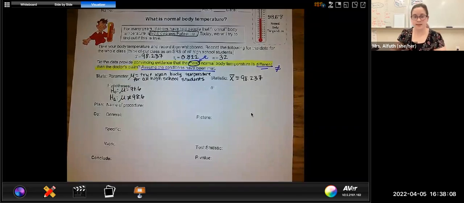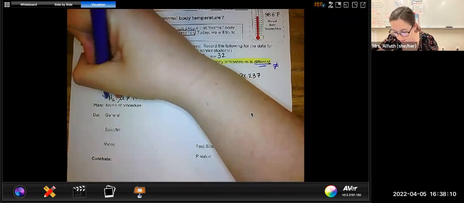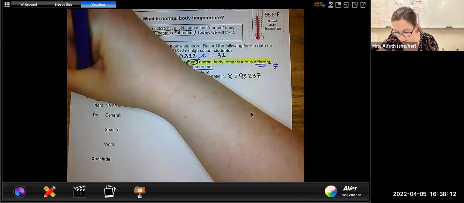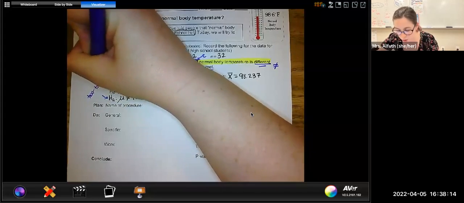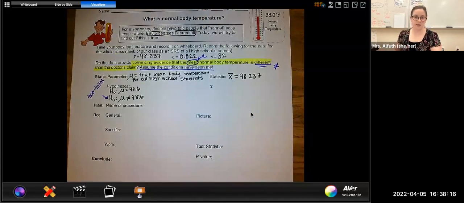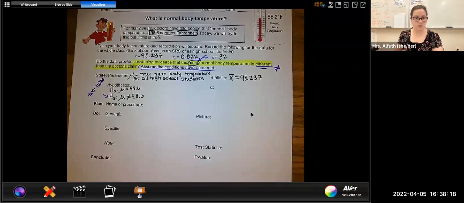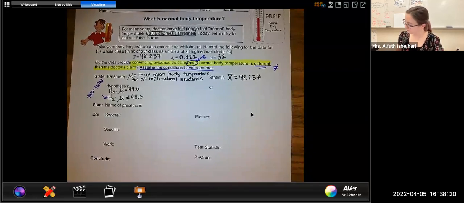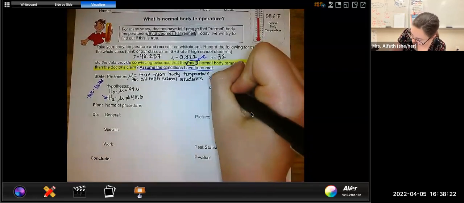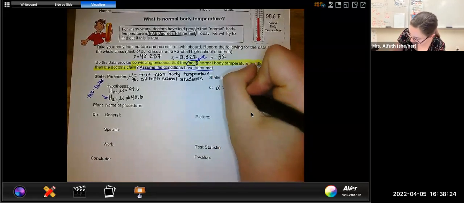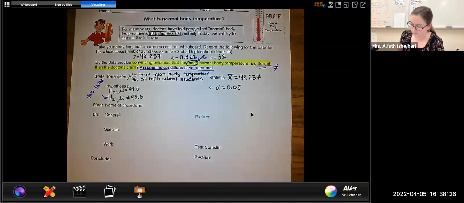And this is what makes this two-tailed, okay? Because it's not equal to, we're going to have a two-tailed test here, which we'll talk about what we need to do when we get down to the do. And let's just set our alpha value at 0.05, okay?